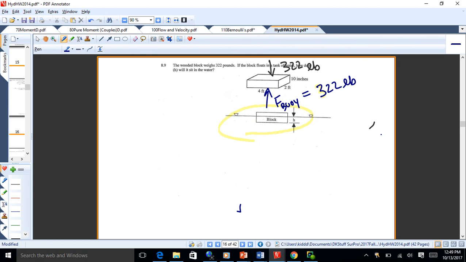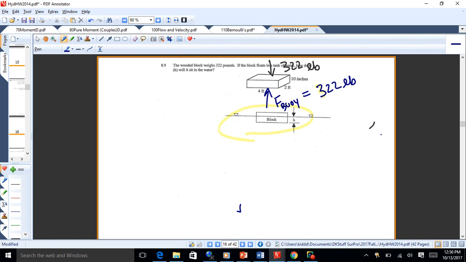So what you've got to do is figure out how much of it needs to be submerged to get you the 322 pounds of buoyancy force to balance it out. How much needs to be submerged to get that 322 pounds?